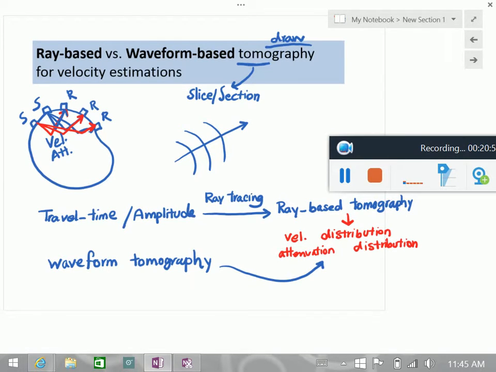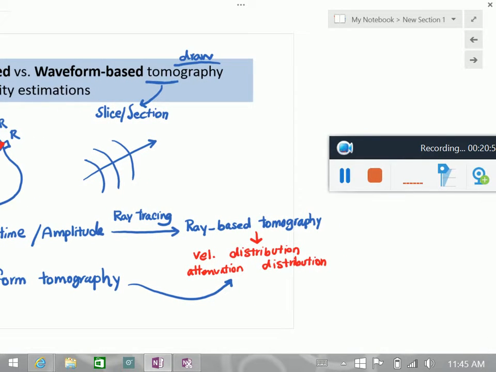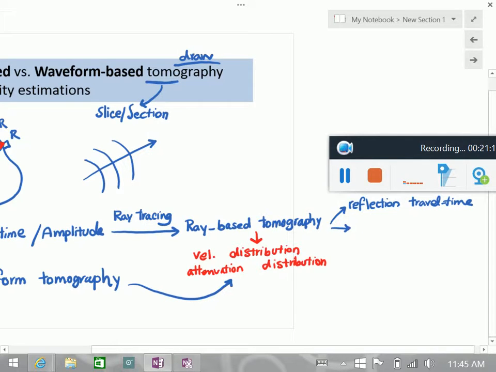Not saying that it's easy in any ways. So ray-based tomography, you can use it for reflection, travel time, or amplitude. I don't write it, but it could be tomography. You know what a reflection seismic survey is, right? We already talked about that.